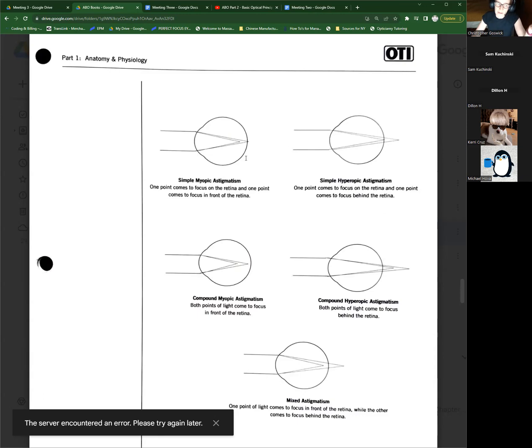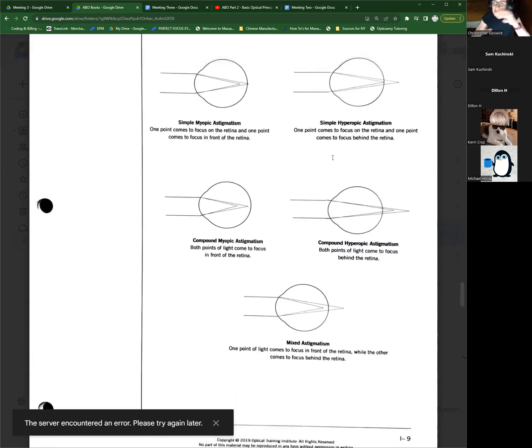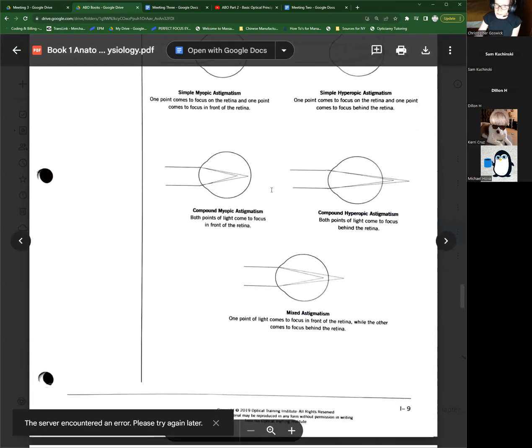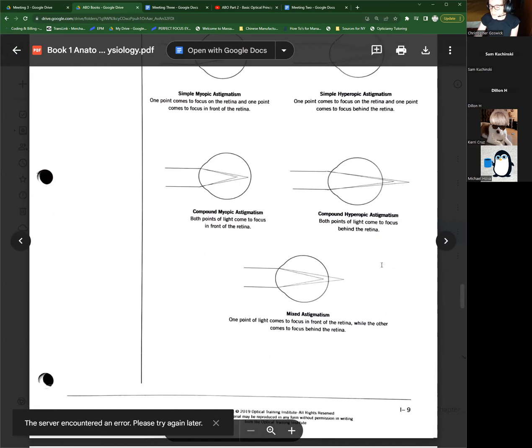It's different from simple hyperopic and simple myopic in that neither point is where it should be, and one of them is nearsighted or minus, and one of them is farsighted or plus. I do feel like with these, it helps to see them. But when we get into prescriptions, it gets a little bit more tricky to visualize, so we're going to go over that just briefly.